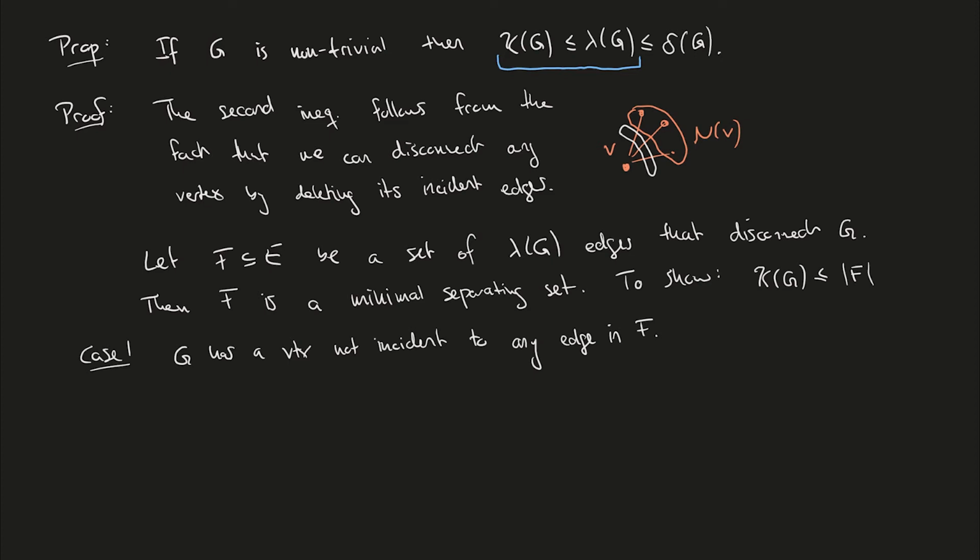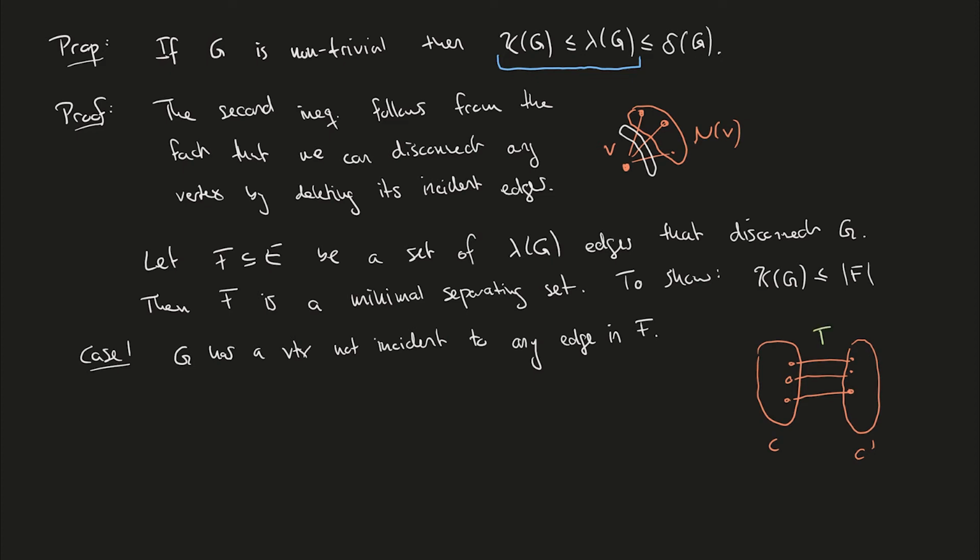At this point, let's draw a picture of what's going on. So we assume that F is a separating set, so it disconnects G. And so in G minus F, we'll have two connected components, C and C prime. And the edges of F will be between these two connected components.